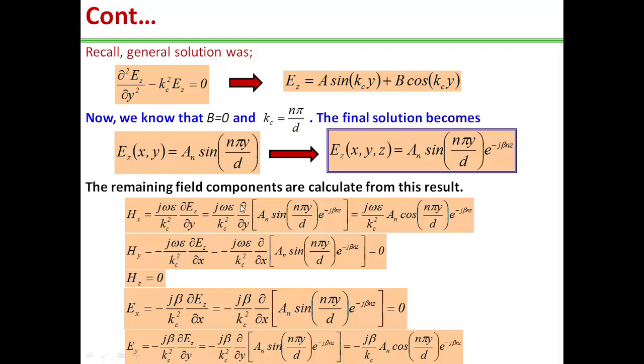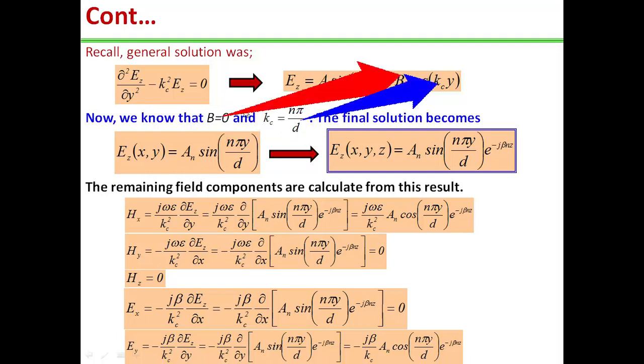Now we have to find the other field components from the calculated electric field component. The generalized solution of electric field we have calculated as Ez is equal to A sin Kc y plus B cos Kc y. After applying the boundary condition, we calculated B is equal to 0 and Kc is equal to n pi by d.